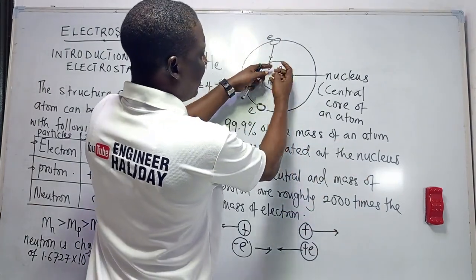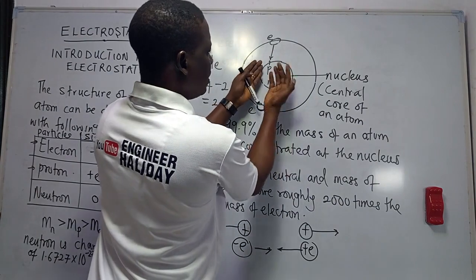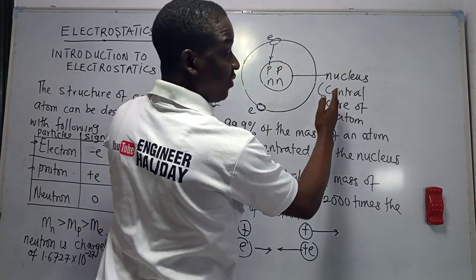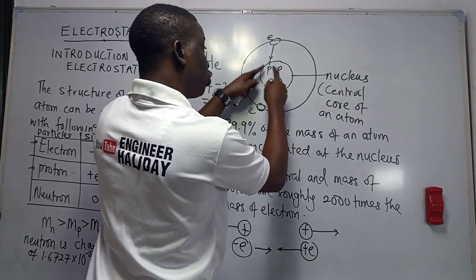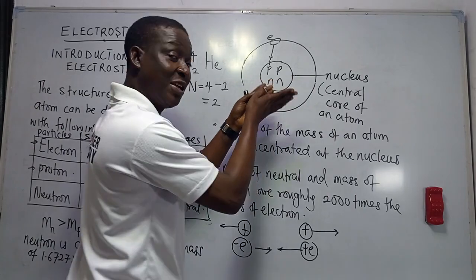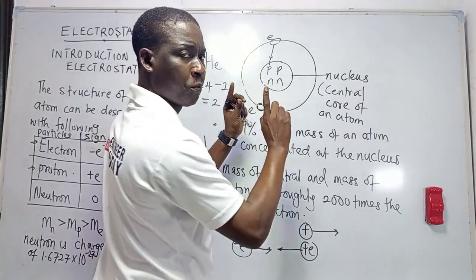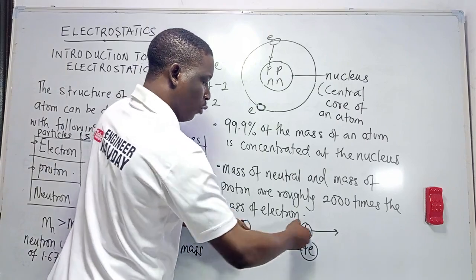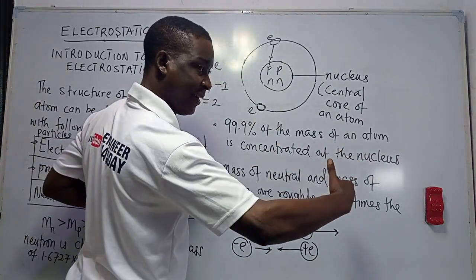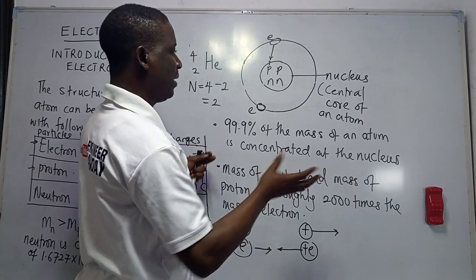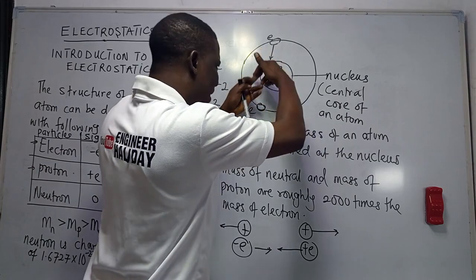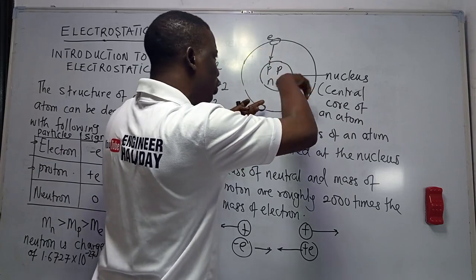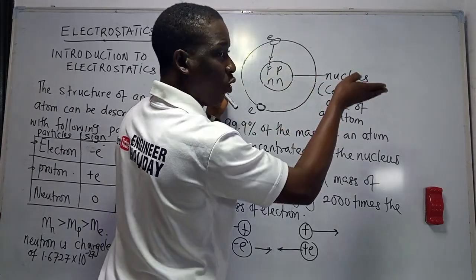Normally, if these particles are repelling each other, it can cause the nucleus to separate. If the protons are under the influence of a repulsive force, what do you expect? They will want to separate, go their various ways, and in doing that, they will affect the shielding nucleus and break it up.